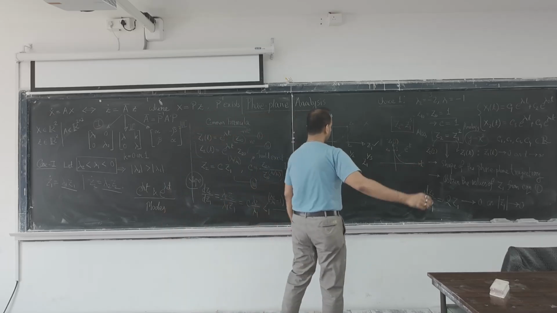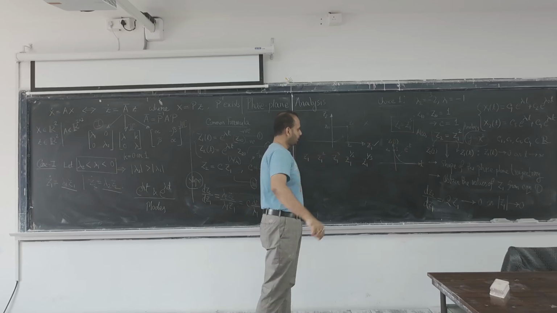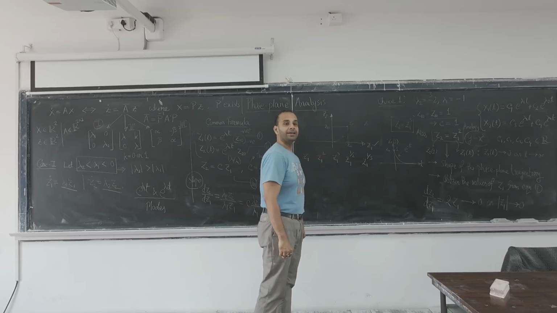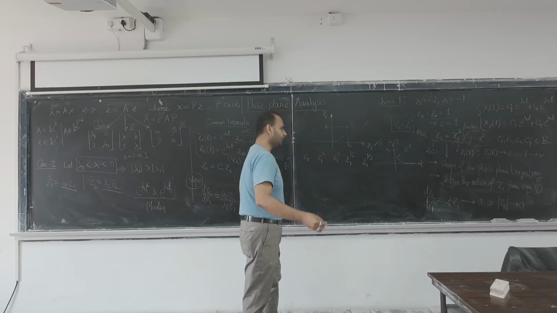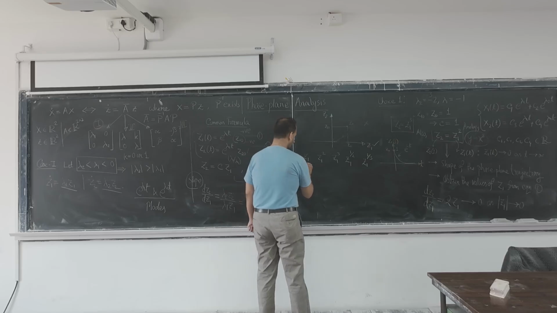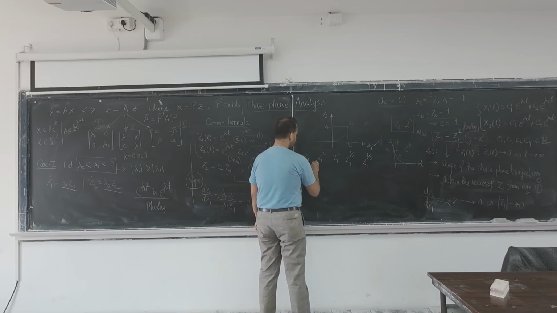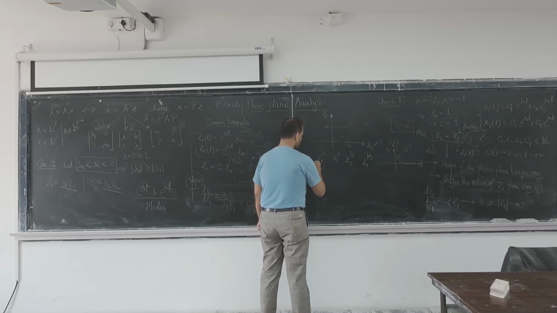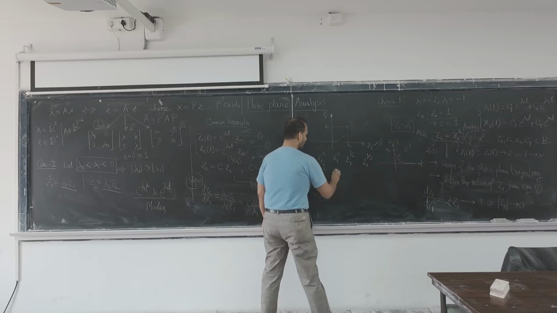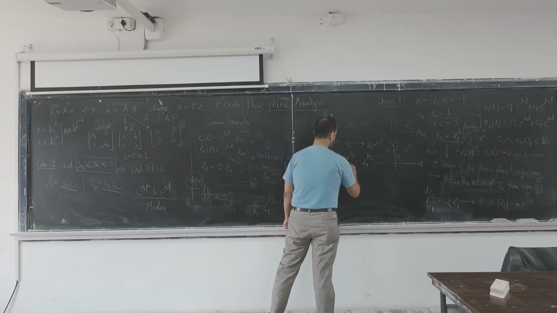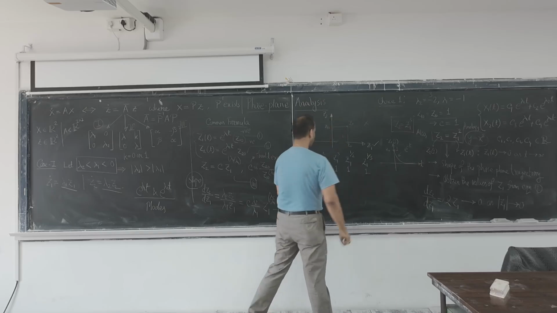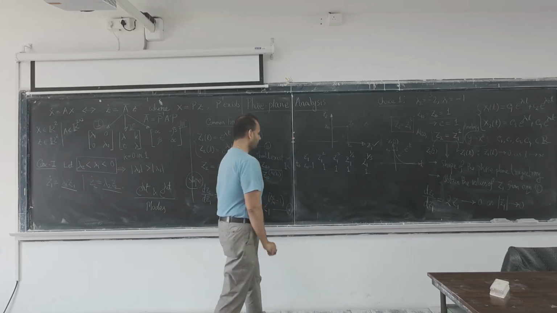I request all of you to use your mobile as a calculator, because we will be needing that value. So starting from Z1 at t0, it would be Z10, which is 1. So this will be 1, this will be 1, this will be 1, this will be 1. So we don't have any problem.